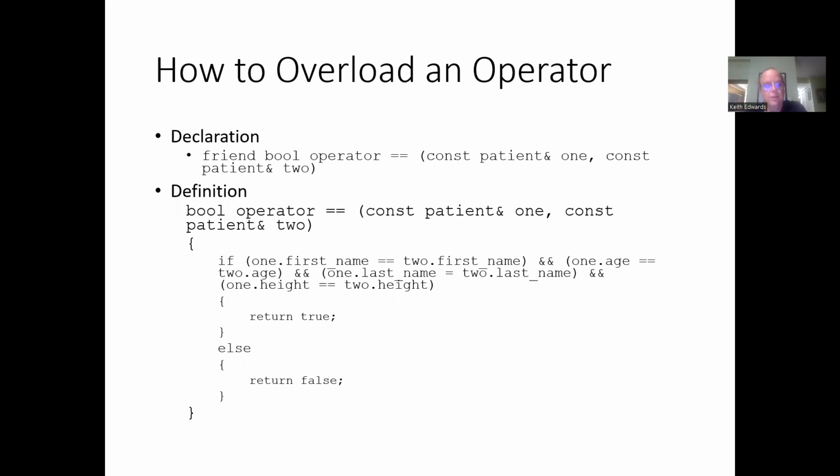The definition doesn't use the word friend, but everything else goes at the top of the definition. And then we write the code. It's going to look very similar to the friend function, except for the top part of it, the declaration, and the part that goes at the top of the definition.